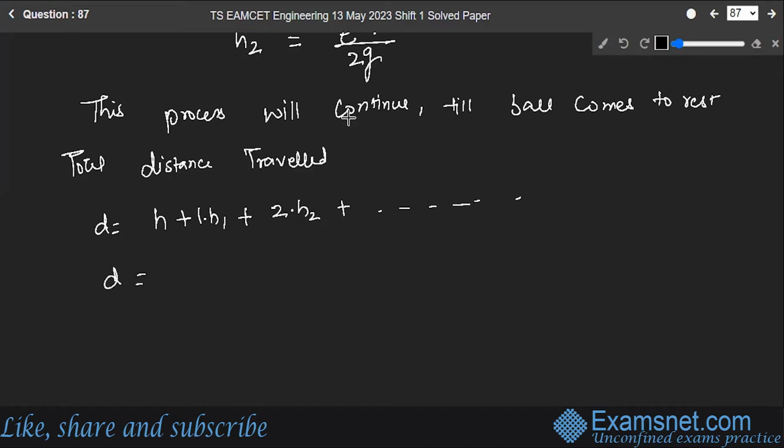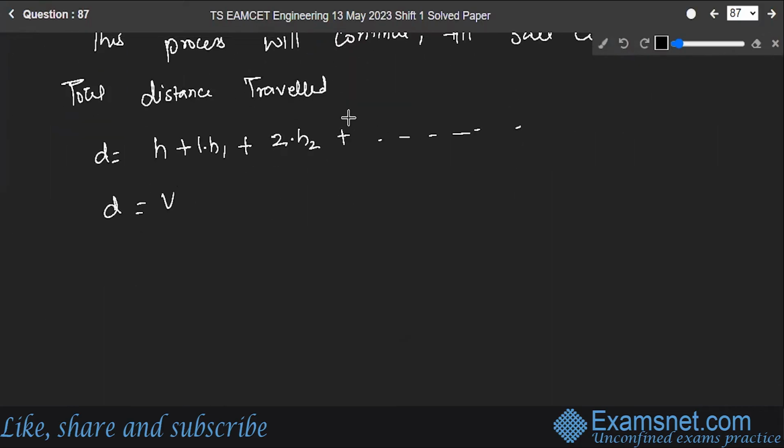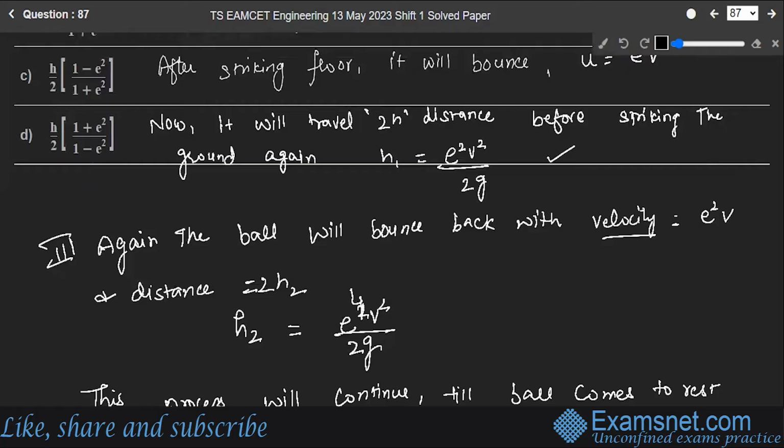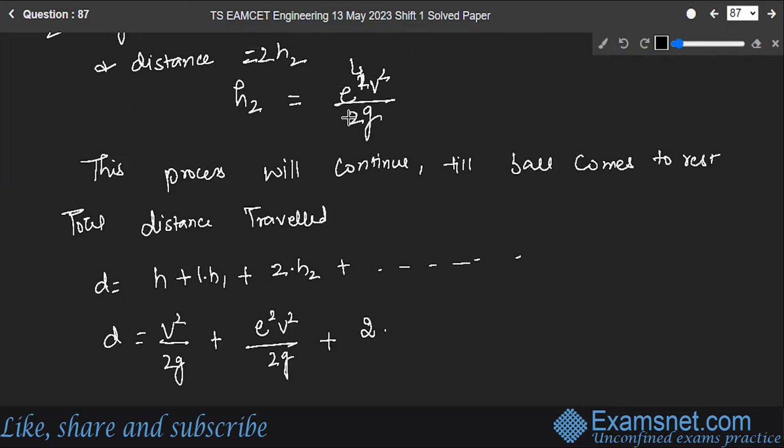So the total distance will be equal to h, where h was equal to v square upon 2g, plus h1, where h1 was equal to e square v square upon 2g, plus 2 h2, where h2 is equal to e power 4 v square upon 2g, plus 2 into e power 6 v square upon 2g, and so on.